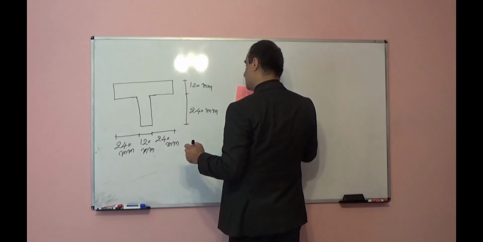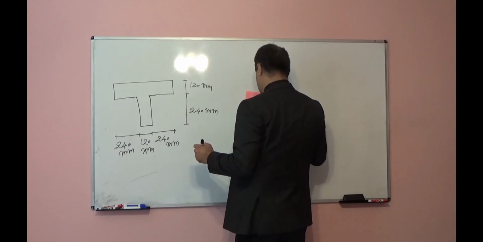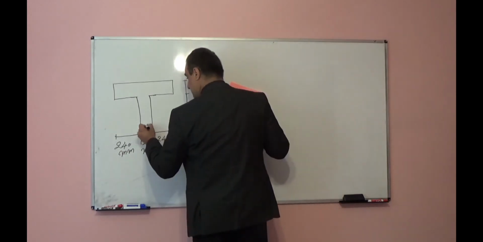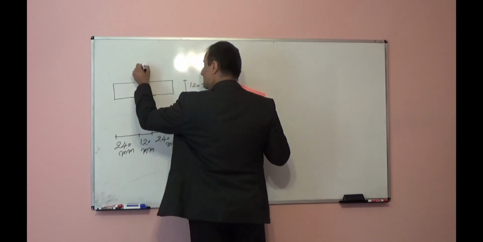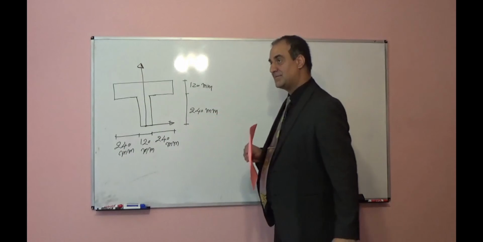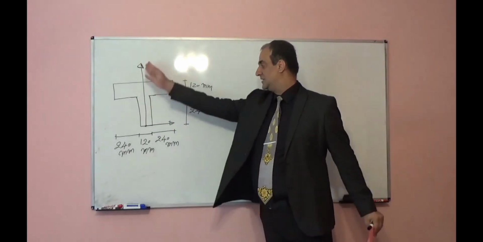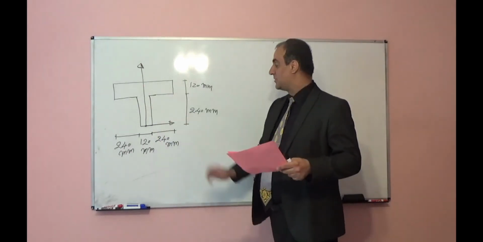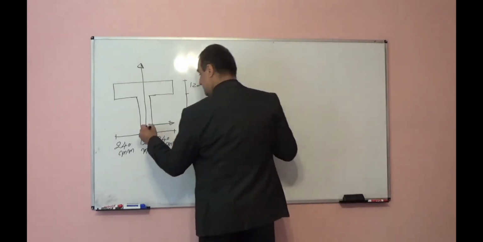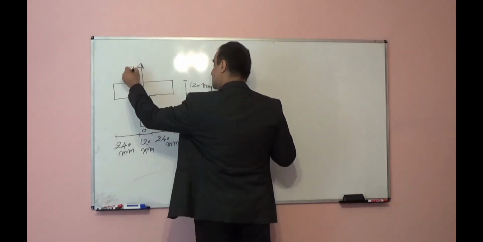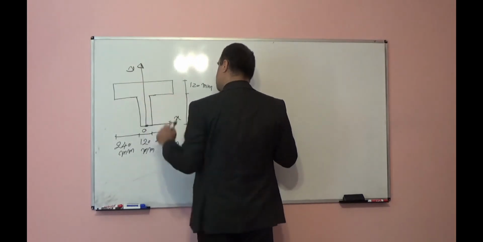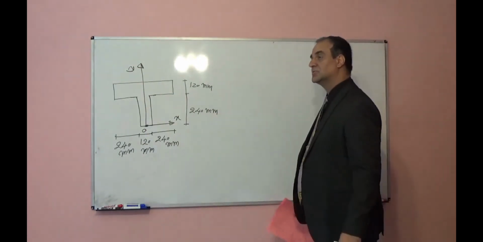Okay, I want to find y bar, because x bar will be on the symmetry axis, so it will be here. If I put the coordinate in the middle with respect to this x and y, x bar will be at x equal to 0.